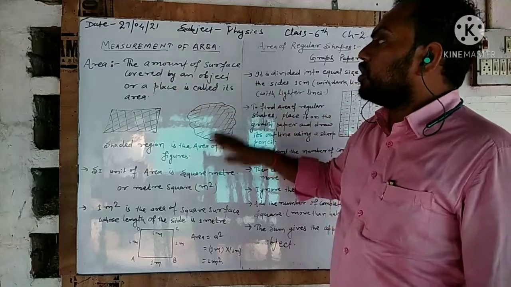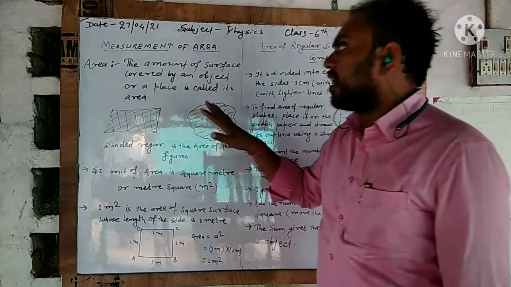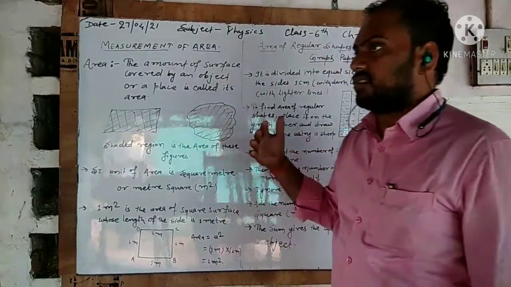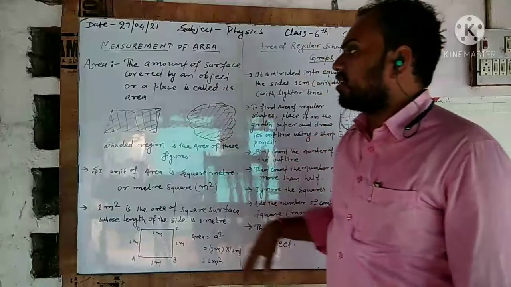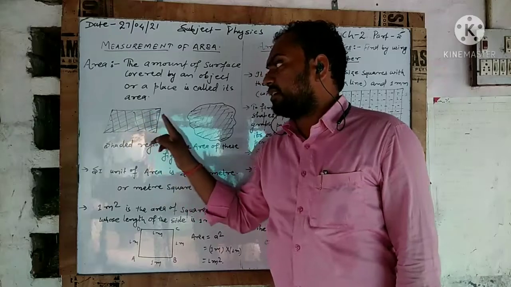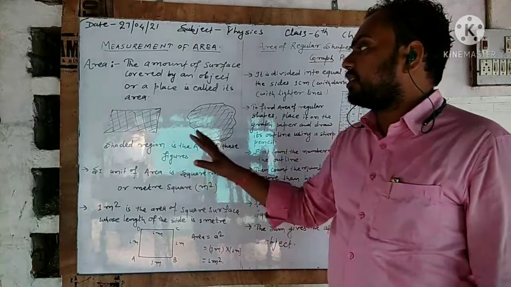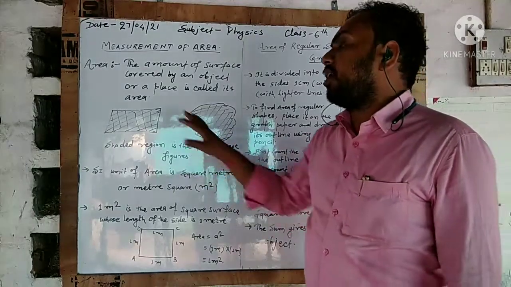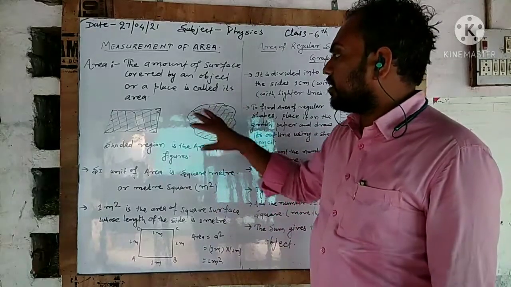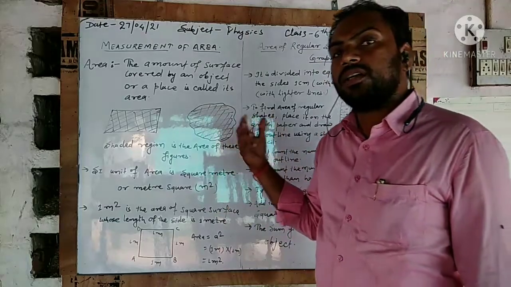So the surface occupied, the surface covered by any substance is called its area. Here I have bounded some region and shaded it. This shaded region is called the area of this region. Anything which is closed and covering some amount of surface will be called its area.